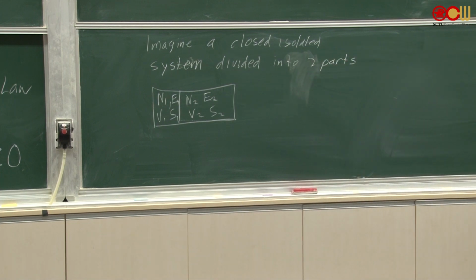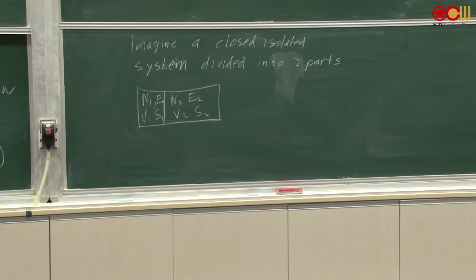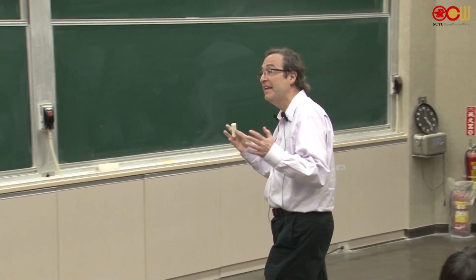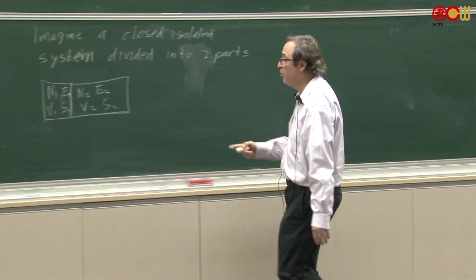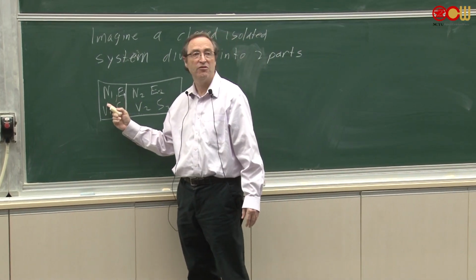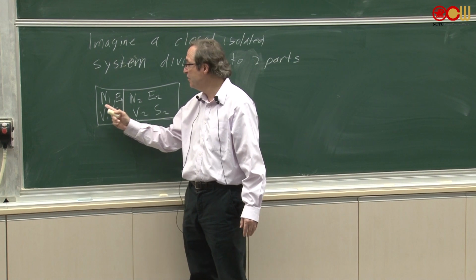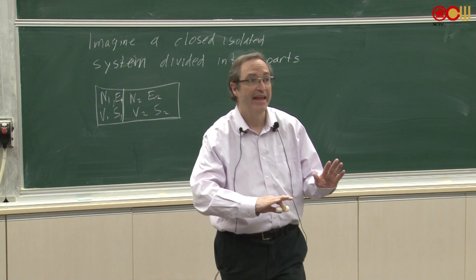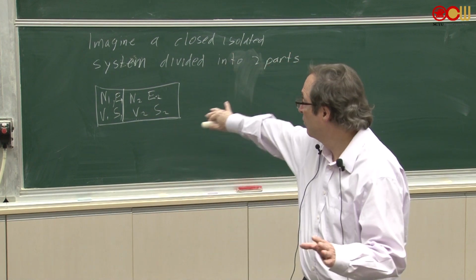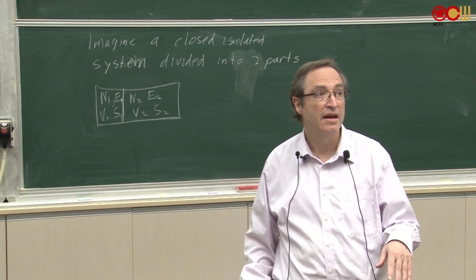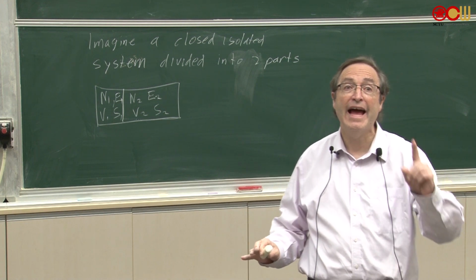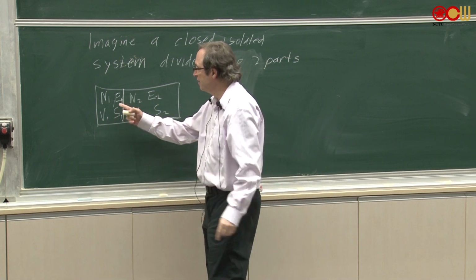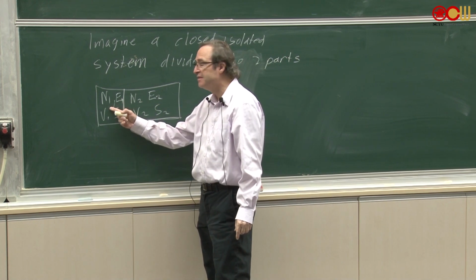All right? So it's completely defined. But it's not necessarily in equilibrium. This part is not necessarily in equilibrium with this. All right? So these two start out in any state with those numbers. Okay? Now, we allow one thing to happen. We allow energy to flow from one system to the other.